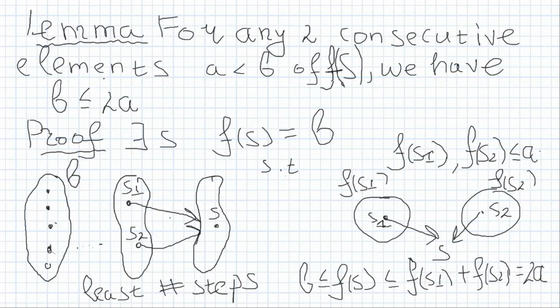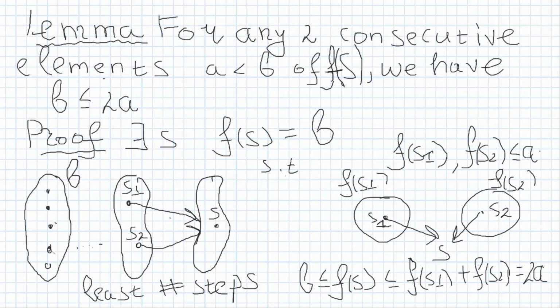So here it is. We have to consider two consecutive elements of f of s, and we have to show that the bigger one is at most twice as large as the smaller one. So we consider b, the larger one. We know that it's in the image of f of s under f.